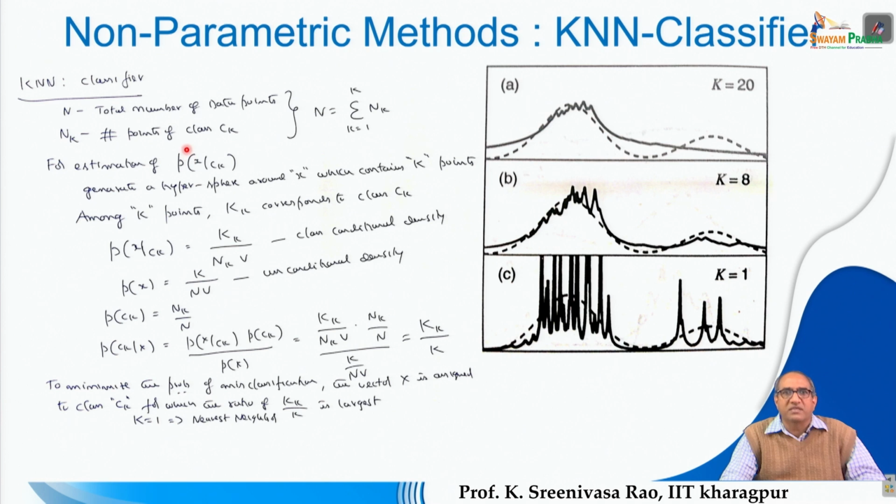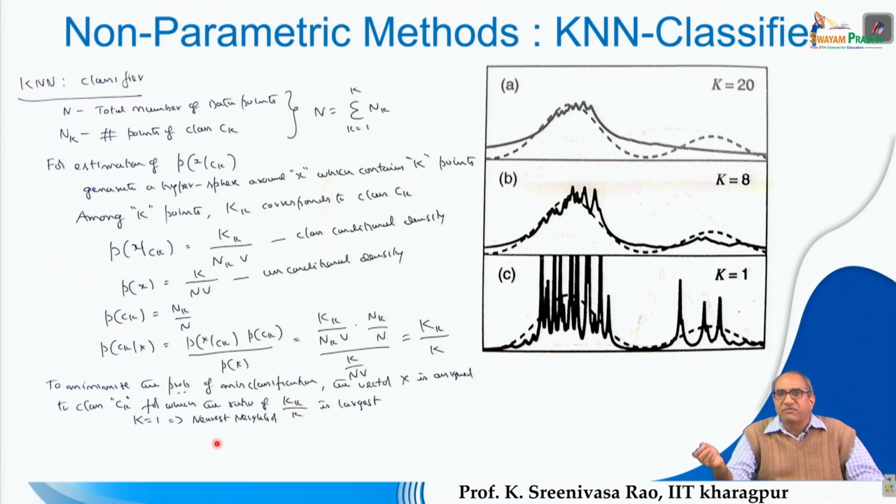In the k nearest neighbor case, if k equals 1, it is known as the one nearest neighbor classifier. Suppose the test feature vector is projected onto the probability density function.